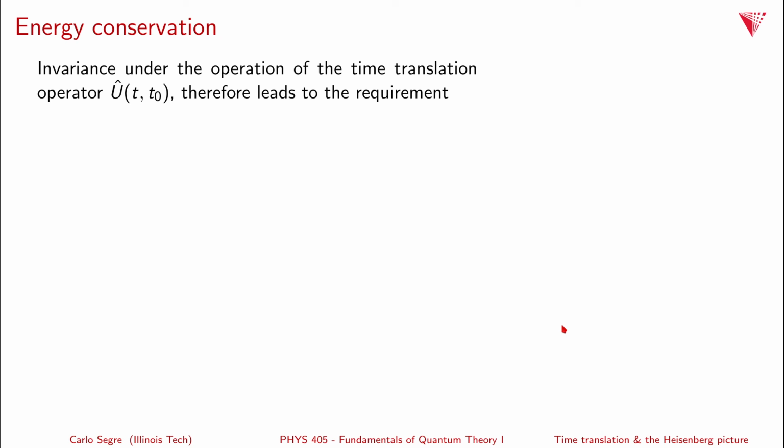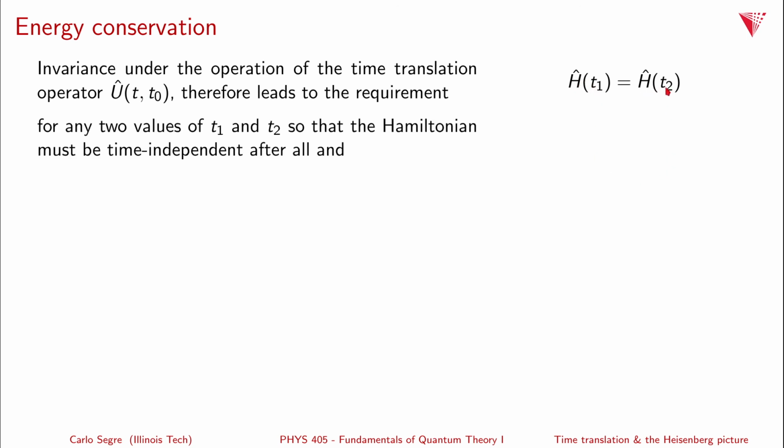So invariance under the time translation operator U of t0 leads to the requirement that the Hamiltonian at t1 is equal to the Hamiltonian at t2 for any two values of t1 and t2, so that the Hamiltonian must be time independent after all, and therefore its time derivative is equivalent to 0.